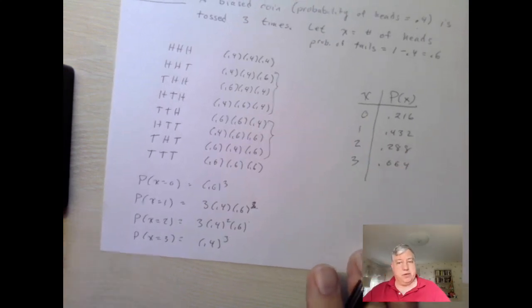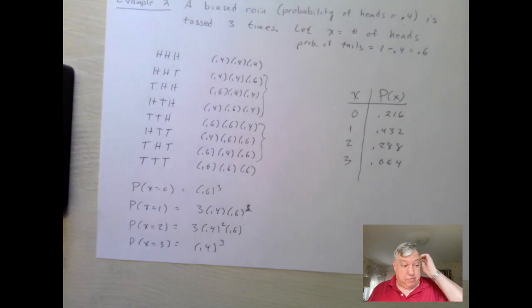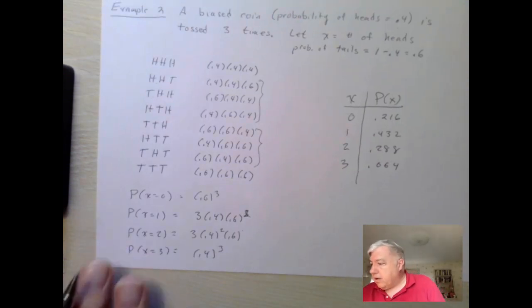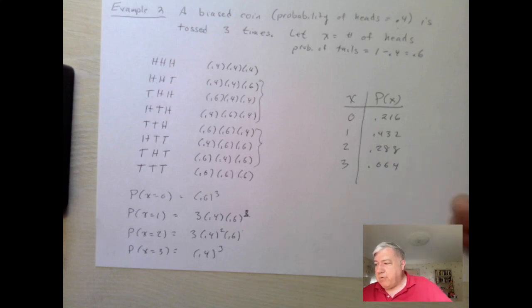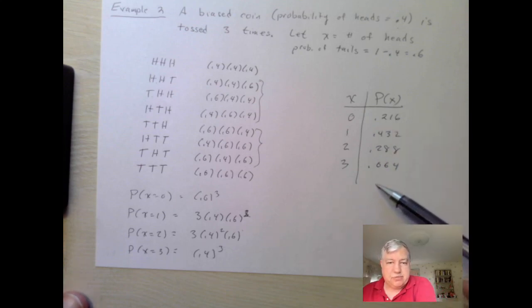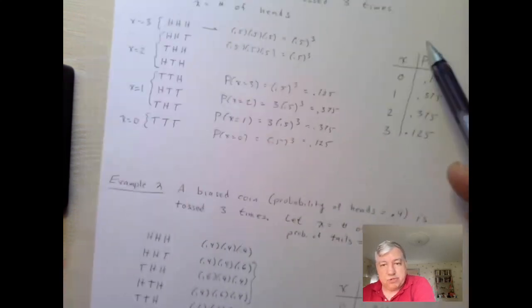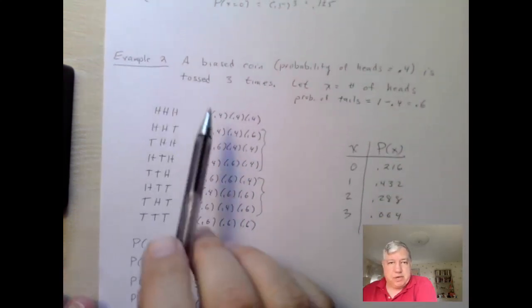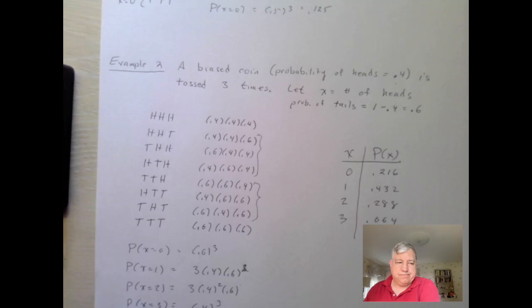Okay. So that would be the probability distribution in this case. All right. So obviously now this is not a symmetric distribution like it was up here, and that of course is because we're talking about a biased coin.